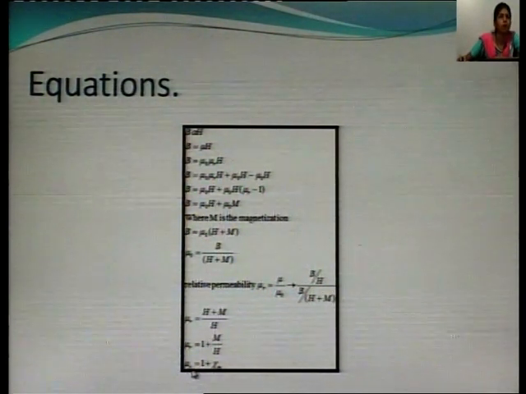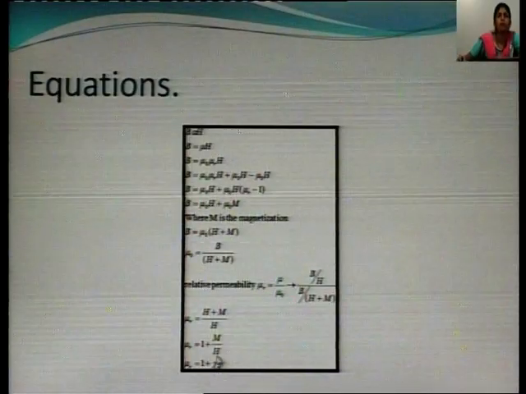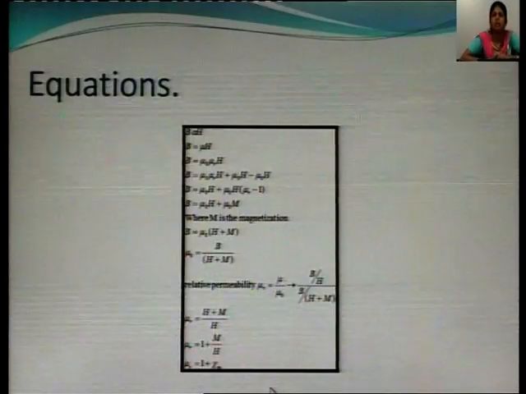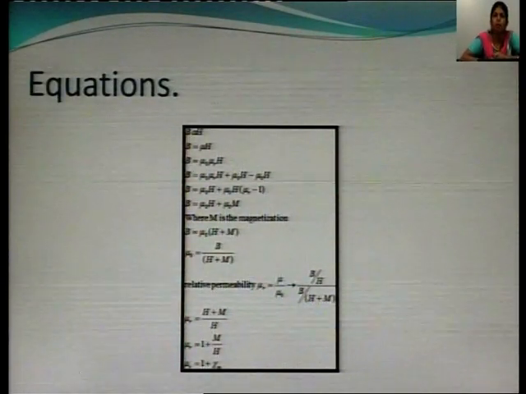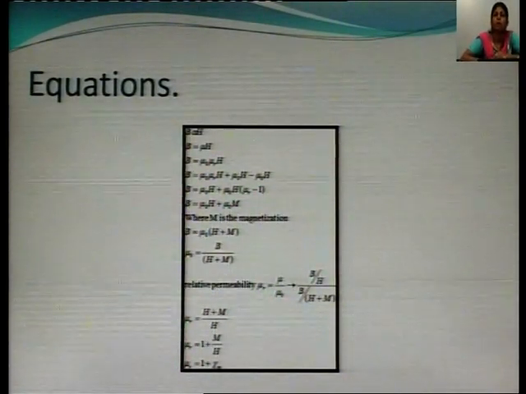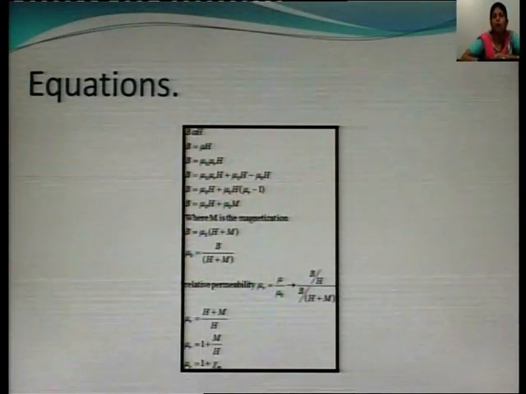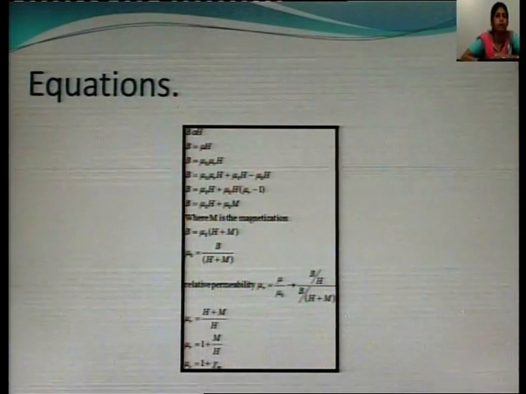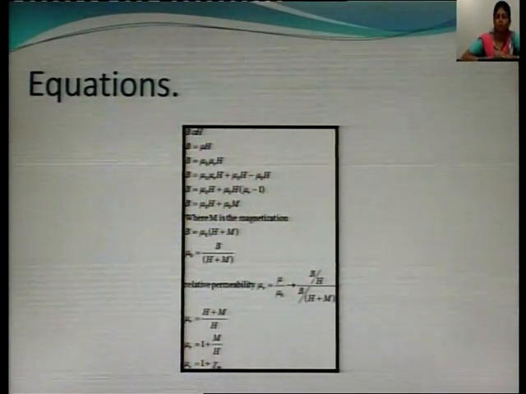So mu r is equals to 1 plus chi m. So this is a very important derivation, where we say that relative permeability is equals to 1 plus magnetic susceptibility, and you can say that relative permeability is much greater than magnetic susceptibility.